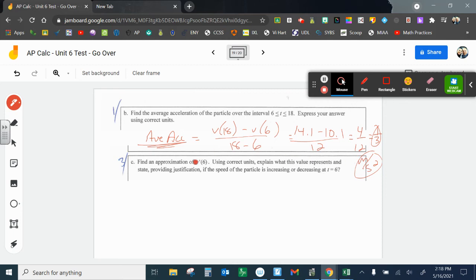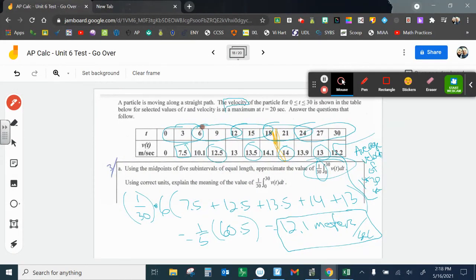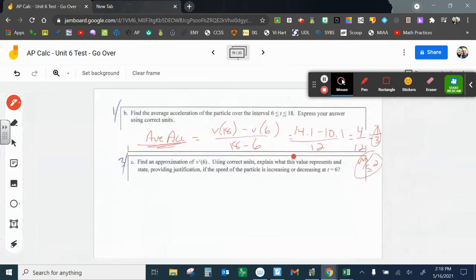Okay, and now find an approximation for the derivative at 6. Well, remember, even though there's a 6 here, for an approximation, I'm going to use the value a little bit below it and a little bit above it.